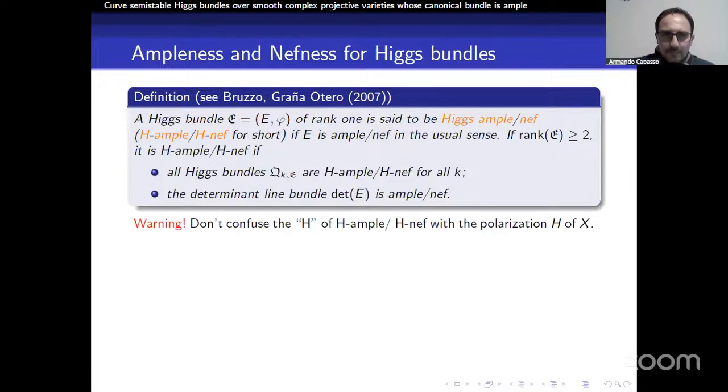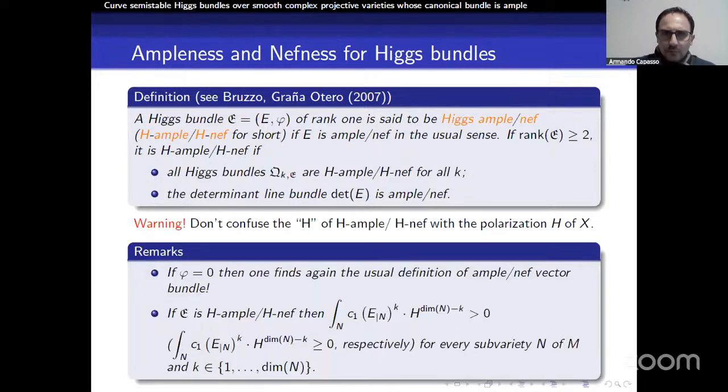For the moment, let's not confuse the H of H-ample, H-nef with the polarization H of X. First. Second, if the Higgs field vanishes, then one finds again the usual definition of nef and ample vector bundles.